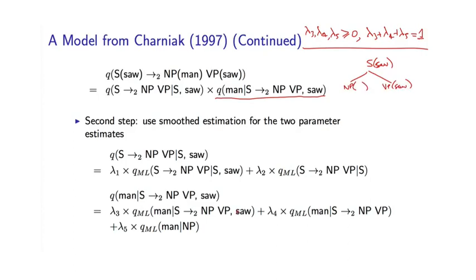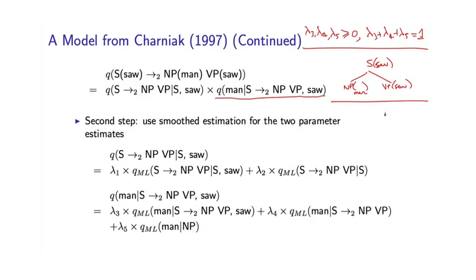This maximum likelihood estimate is going to be the ratio of two counts. The first count is just going to be the number of times I've seen this entire configuration. And on the numerator, I'm going to count the number of times I've seen man in this particular position. Okay, so this estimate is basically conditioning on the entire structure, the entire rule, and the head word SOR.